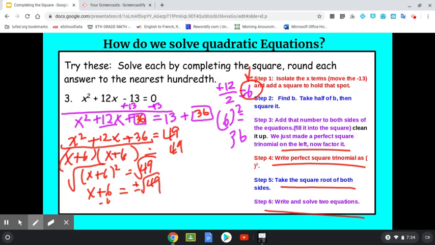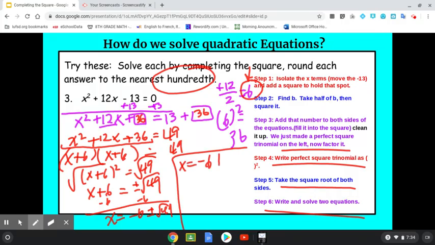So I'm going to subtract 6 from both sides. And I'm going to get x equals negative 6 plus or minus radical 49. Okay? But again, I need to round it to the nearest hundredth, which means plug into my calculator. So I'm going to do x equals negative 6 plus radical 49 and x equals negative 6 minus radical 49.